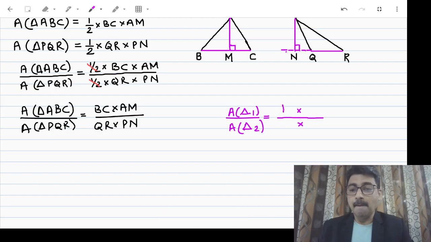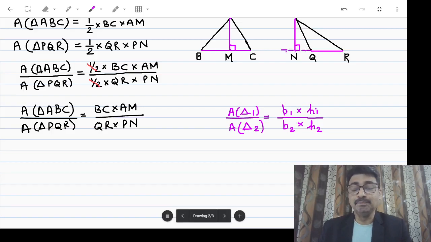So let me say B1 into H1 for triangle 1 and B2 into H2 for triangle 2, where B1 and B2 are the two bases, H1 and H2 are their corresponding heights.